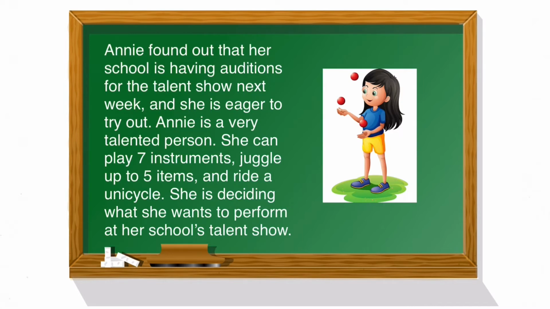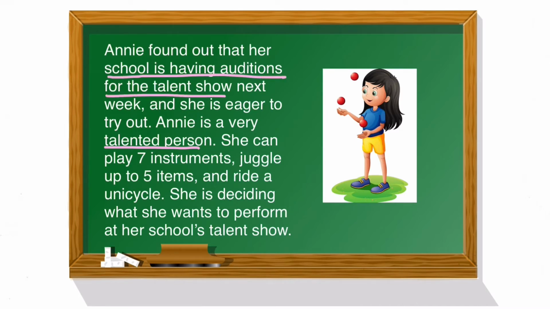Now, did you say that the main ideas of the text are that Annie is very talented and she is excited about auditioning for her school's talent show? And so, as we can see, in the beginning, it says that Annie's school is having auditions for the talent show.